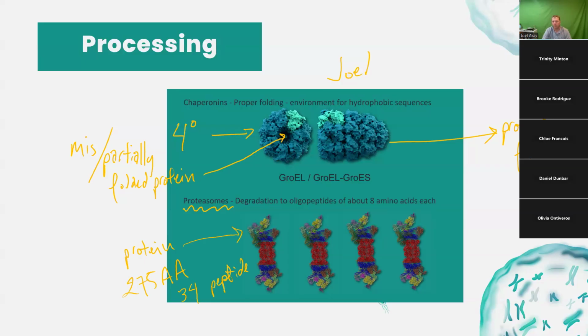This is not a point where the math is important. Don't think, oh, but is it actually 8 point blah, blah. No, don't worry about that. It just breaks them up into these shorter peptides.